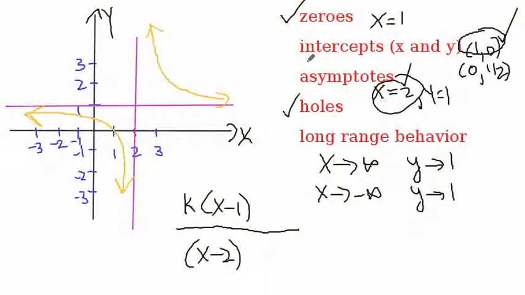Now, to get an asymptote of y equal to 1, all right, so if we were to plug in bigger and bigger values into our function right now, we would get x minus 1 divided by x minus 2.